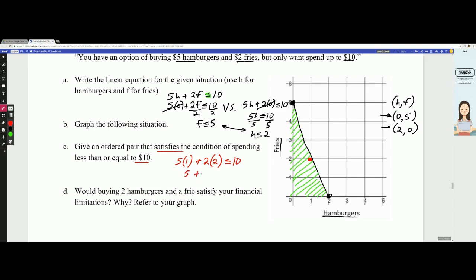Well, that's 5 for a burger, $4 for my fries, and 9 is less than 10. So yeah, that would be a true statement. In context, it's one hamburger and two fries.